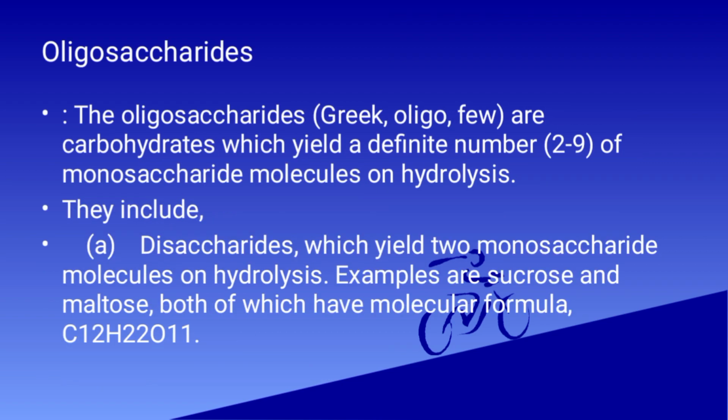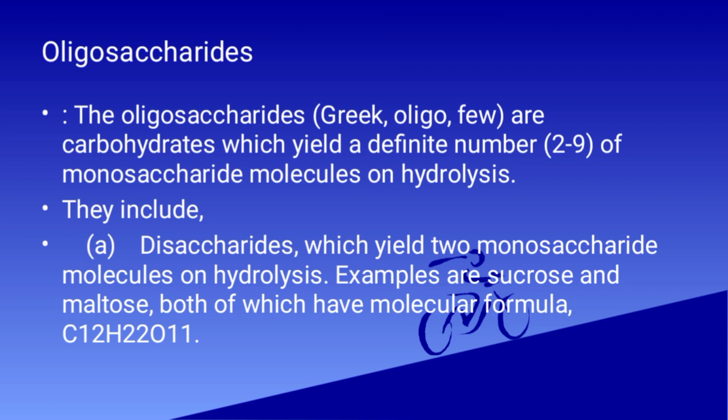Oligosaccharides. Oligosaccharides, from the Greek oligo, meaning few, are carbohydrates which yield a definite number, 2 to 9, of monosaccharide molecules on hydrolysis. They include disaccharides, which yield two monosaccharide molecules on hydrolysis.